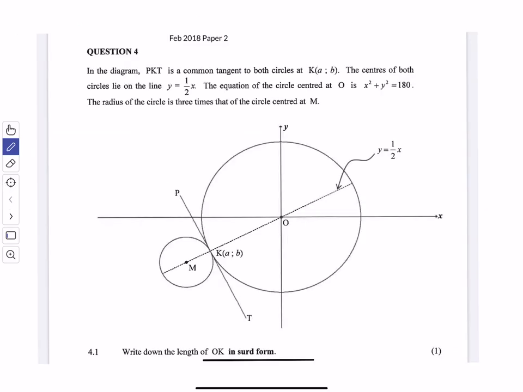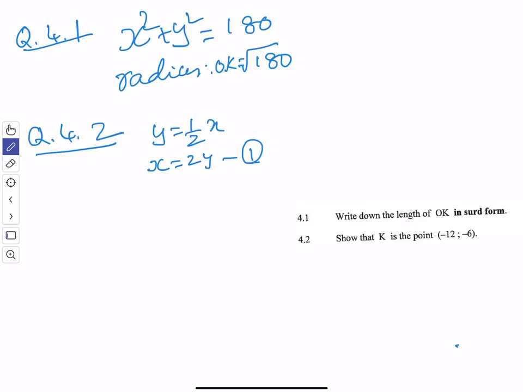Now what's my procedure here? This is a point. K is a common point of the circle and the straight line. So whenever there's a common point, I'll use my simultaneous equations that we have learned in algebra. I have two equations. My equation number 1 is x is equal to 2y.